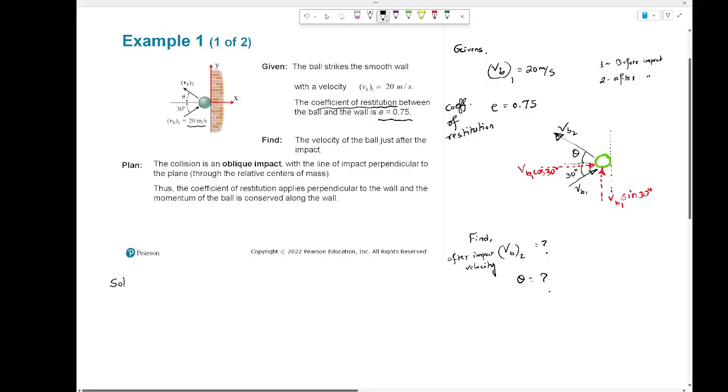The solution. We have quite a bit of agenda, so let's try to keep up with the work. The first thing is the impact problem. You can solve it in x and y direction momentum. So we'll be solving it in both x and y direction, the momentum I'm talking about.